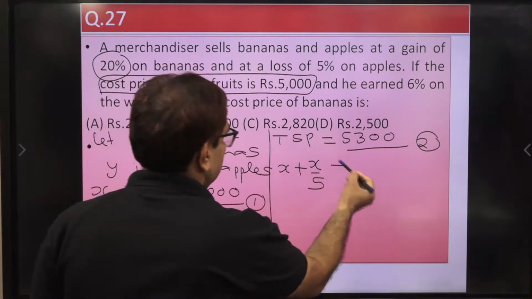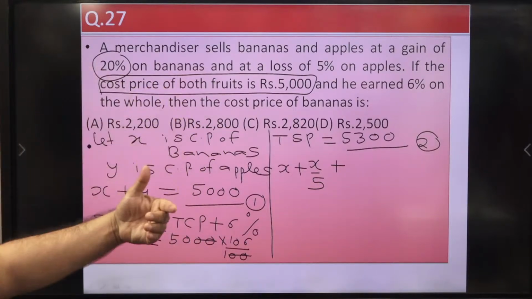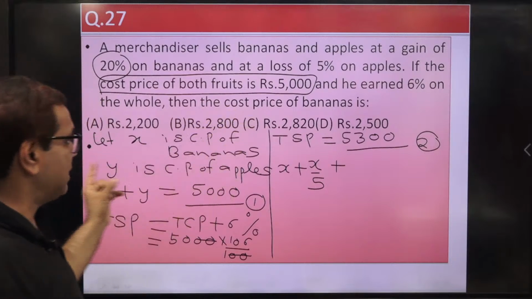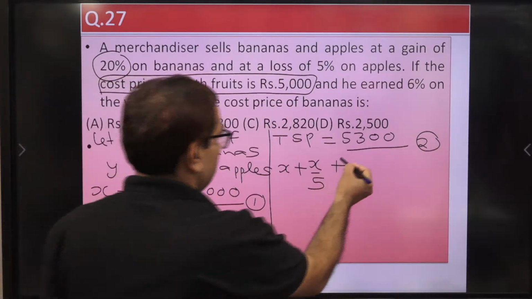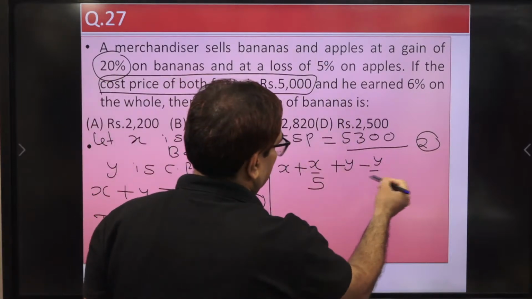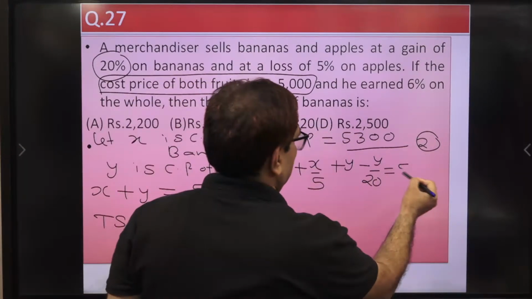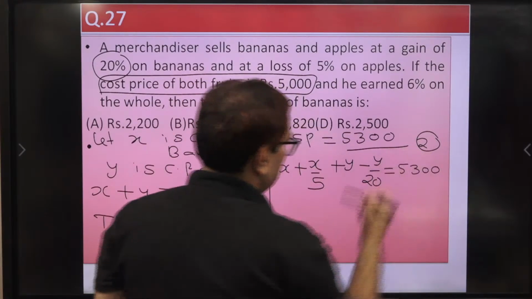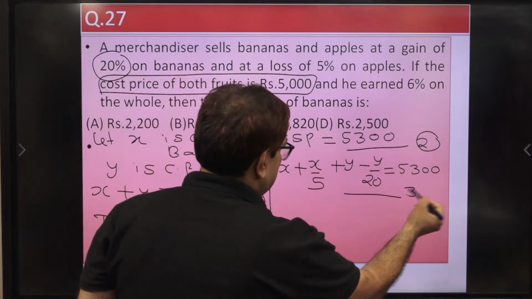Plus, now on apples he is getting 5% loss. So if the cost price was Y, then what is the selling price of apples? It is Y minus its 5%, so Y upon 20. And this is equal to the total selling price, 5300.